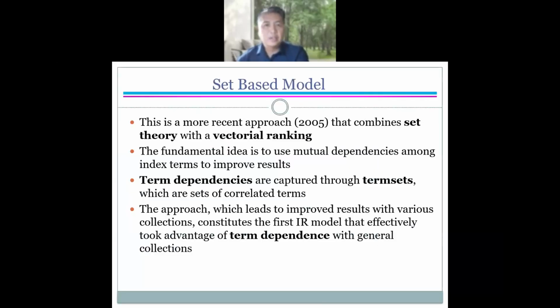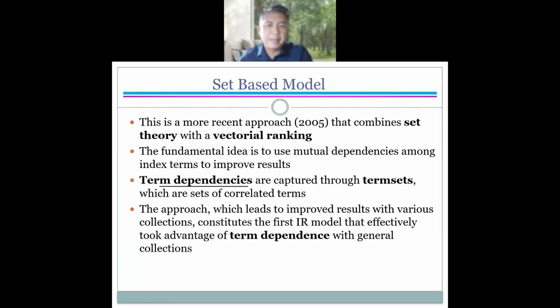Okay, so what we look at here is the term dependency. We look at more than one term that may have something to do with another term.